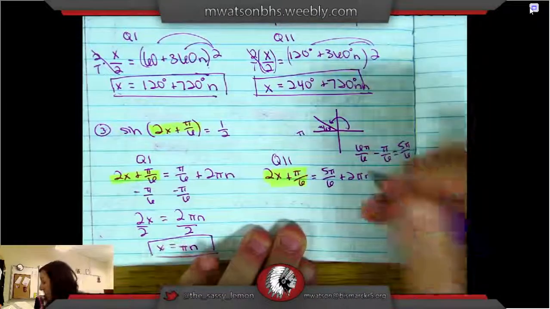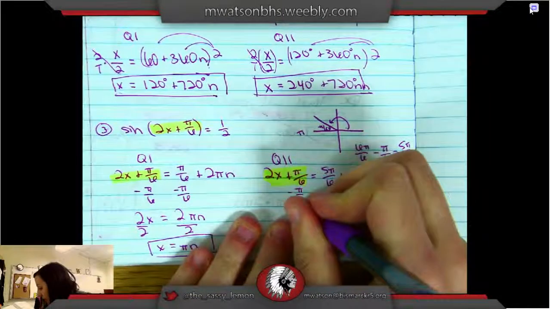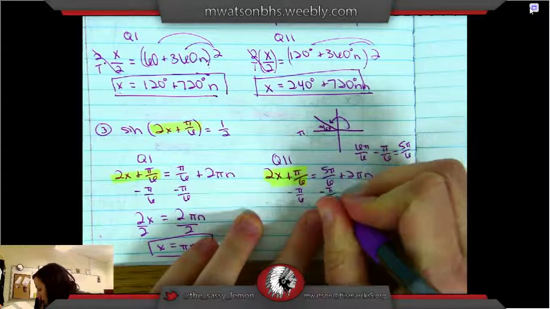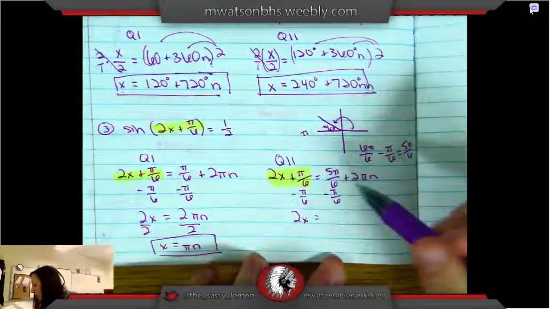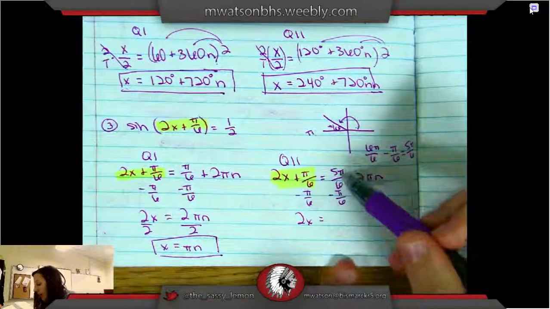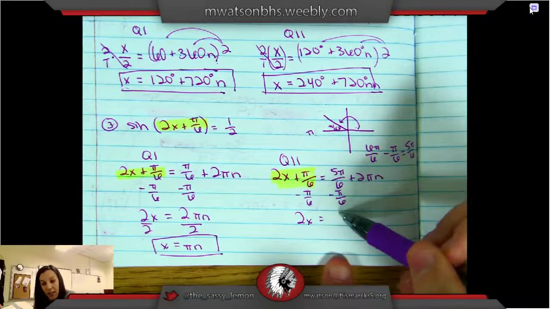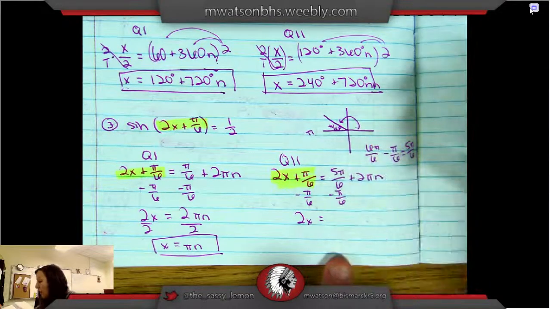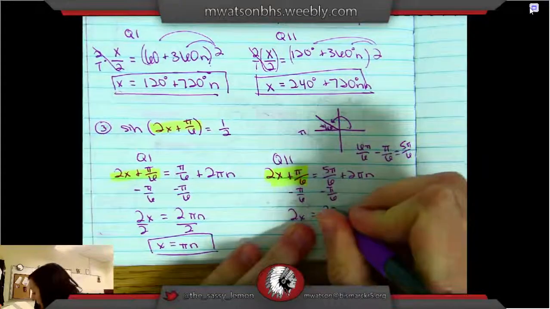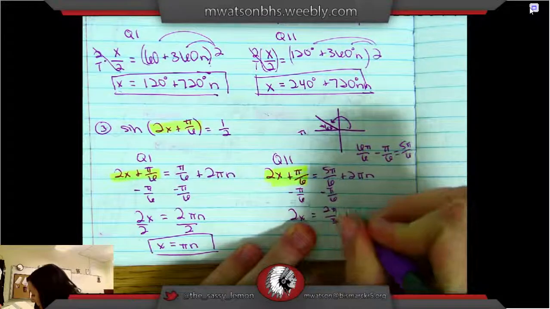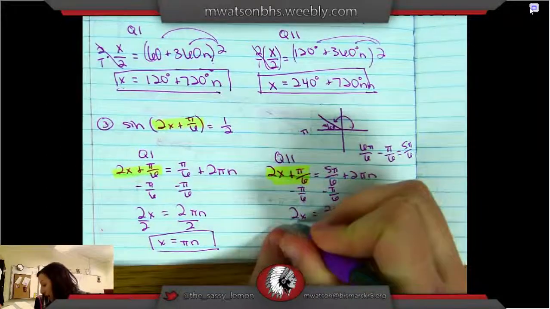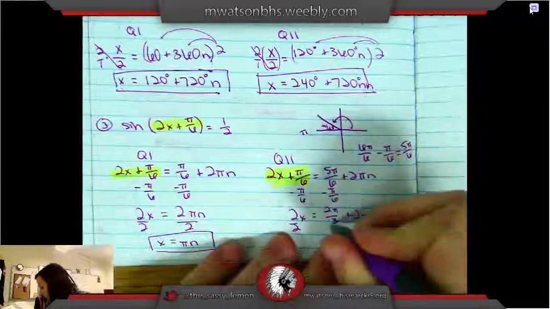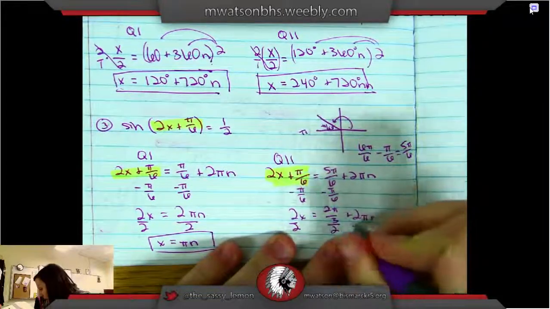For quadrant 2, you're going to do the same thing. Subtract pi over 6, and I'm going to get 2x equals, and here we've got common denominators already, so that's nice. So this is going to become 4 pi over 6, which reduces to 2 pi over 3. And now I'm going to divide each of these by 2.